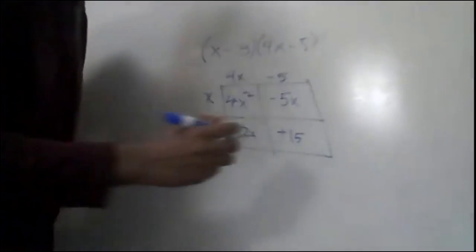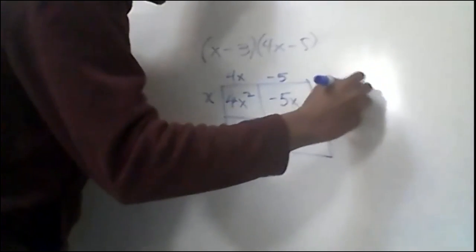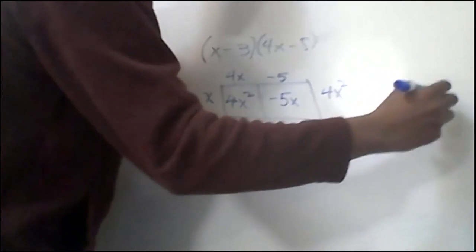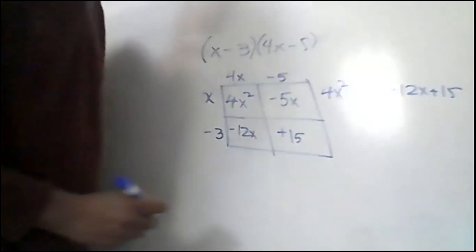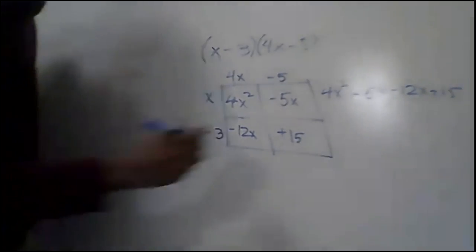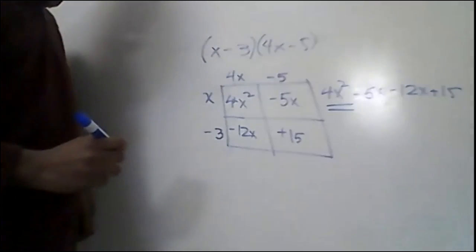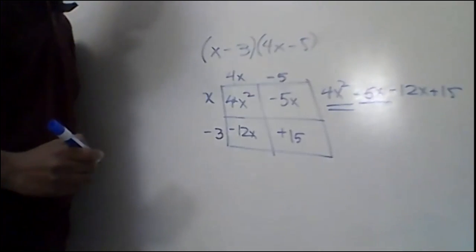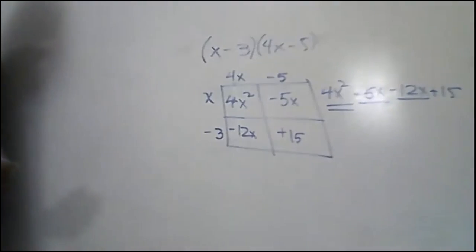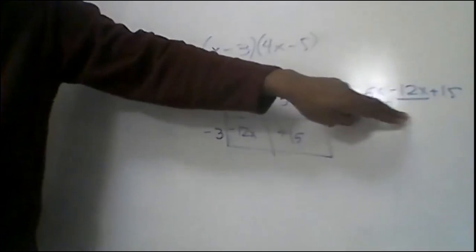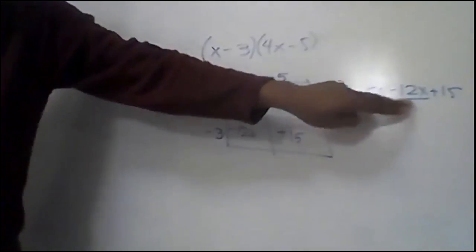So then I write that out. I get 4x squared minus 5x minus 12x plus 15. Now, do I have any like terms? Well, let's see. I've got 4x squared. I've got 5x. I've got 12x. And 15. So I do have some like terms. I have these right in the middle. These are like terms. Okay, I can actually do that.